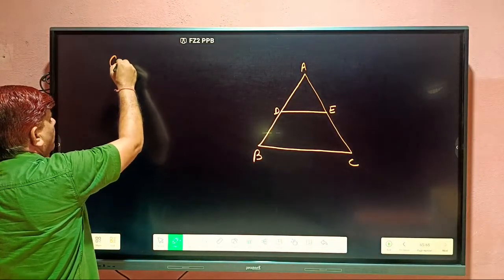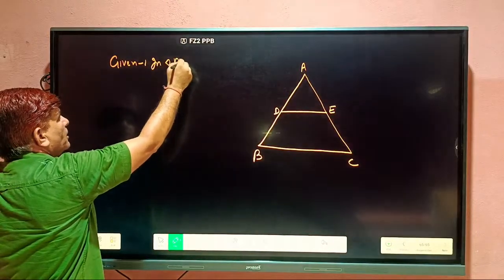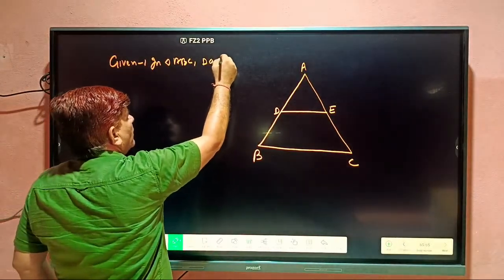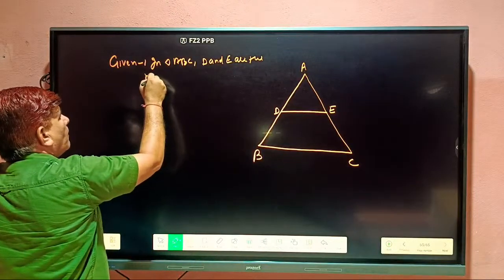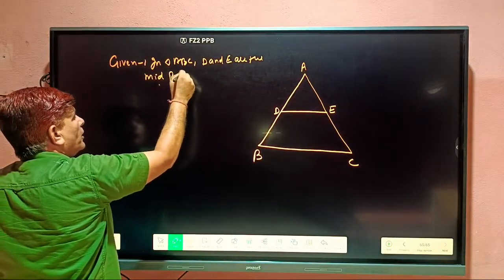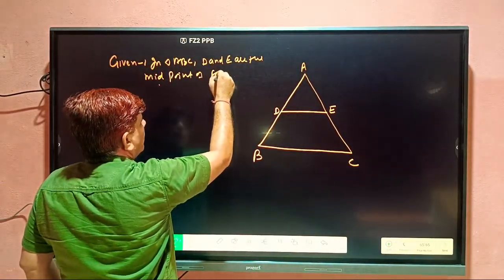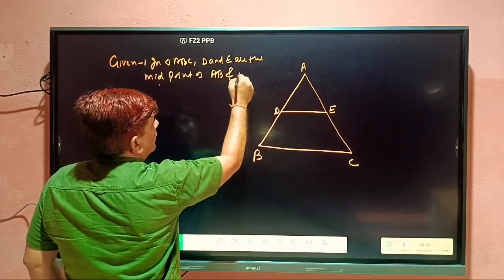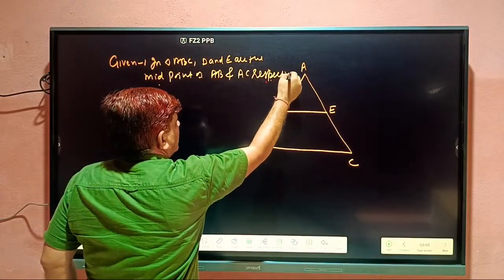Given: in triangle ABC, D and E are the midpoints of AB and AC respectively.